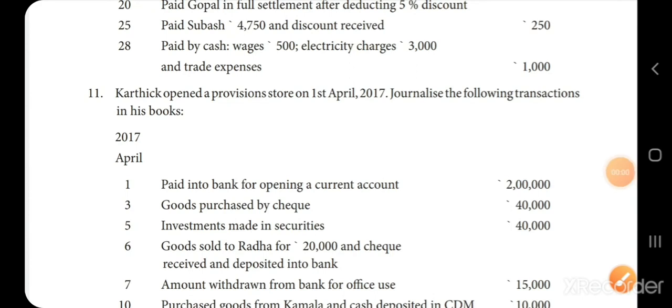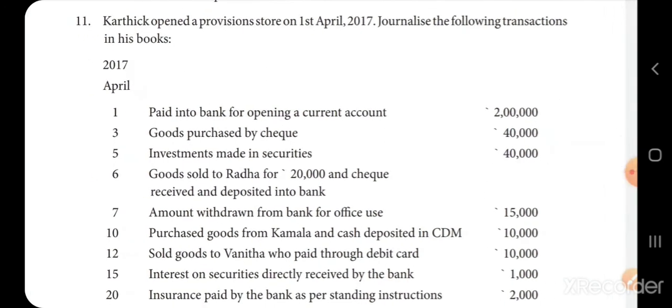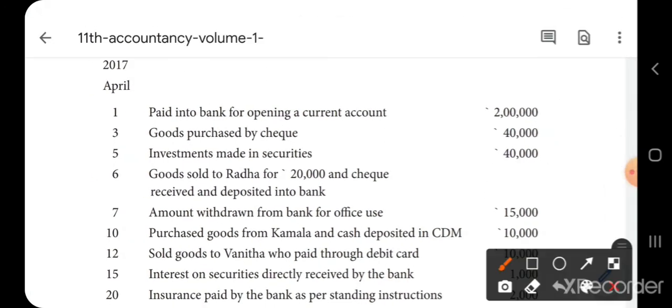Case 11. Karthik opened a provision stores on 1st April 2017. Journalize the following transactions in his books. First transaction, paid into bank for opening a current account. When you open any account, you should deposit some money in the bank, isn't it? So what are the two accounts involved? Cash and bank.